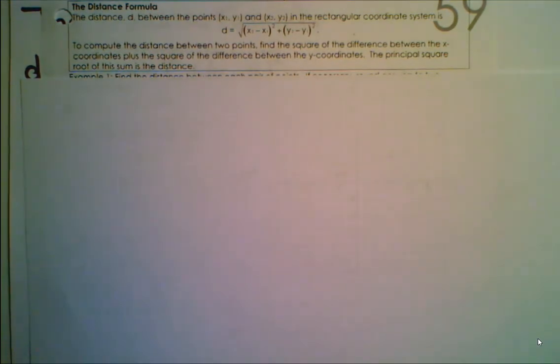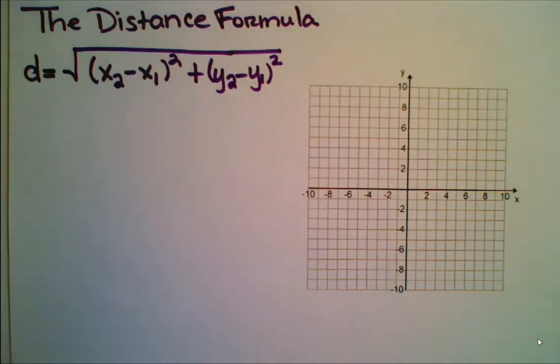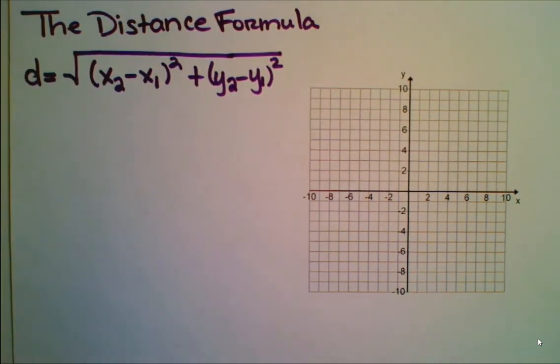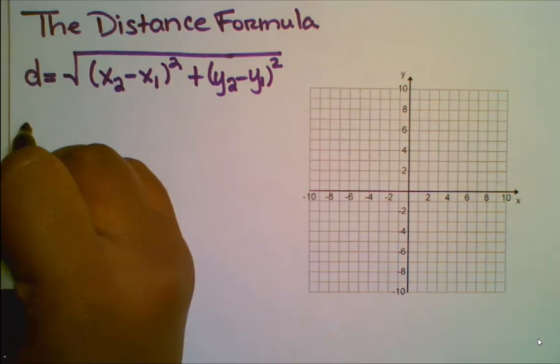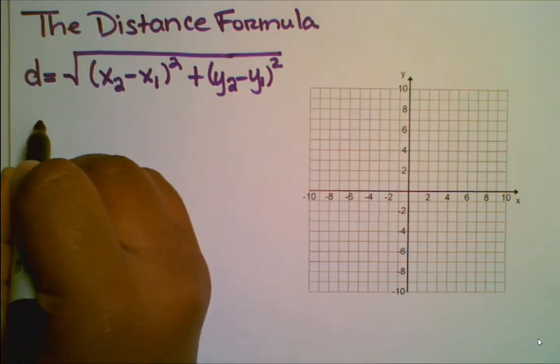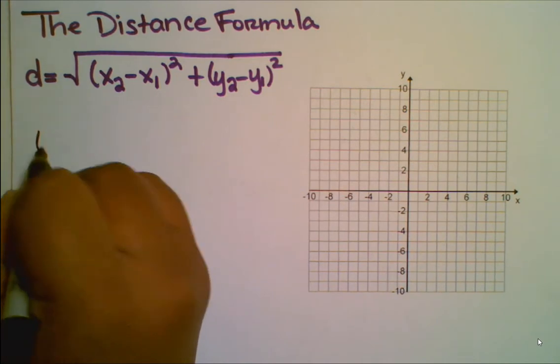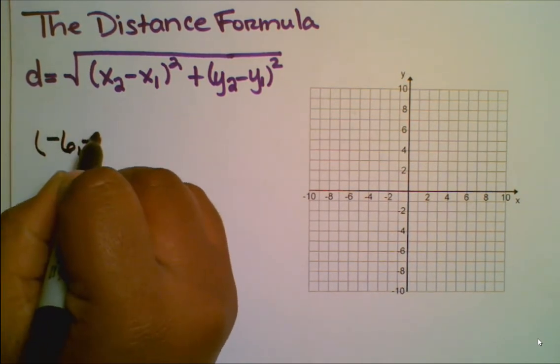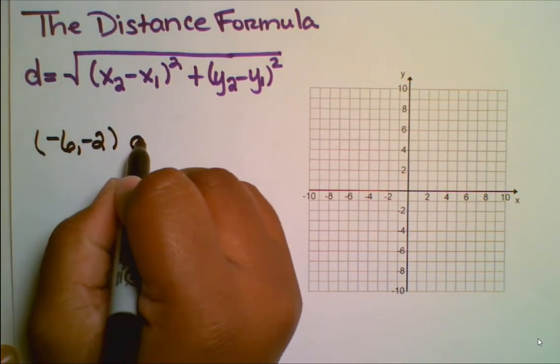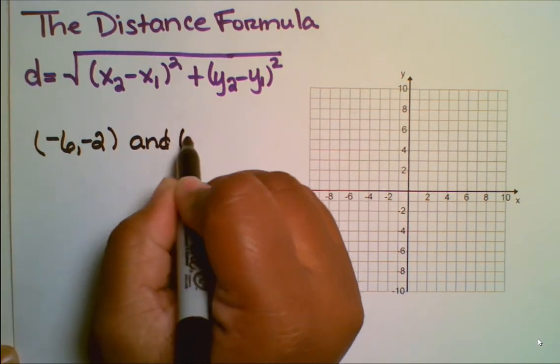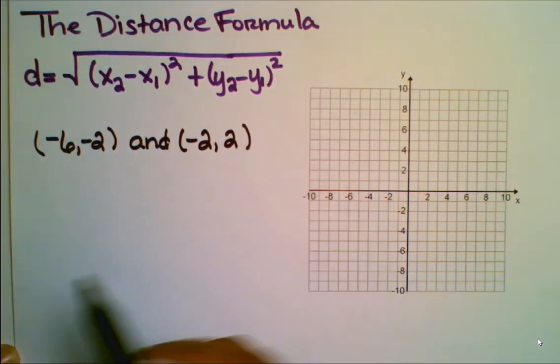For example, we have here -6, -2, and -2, 2.